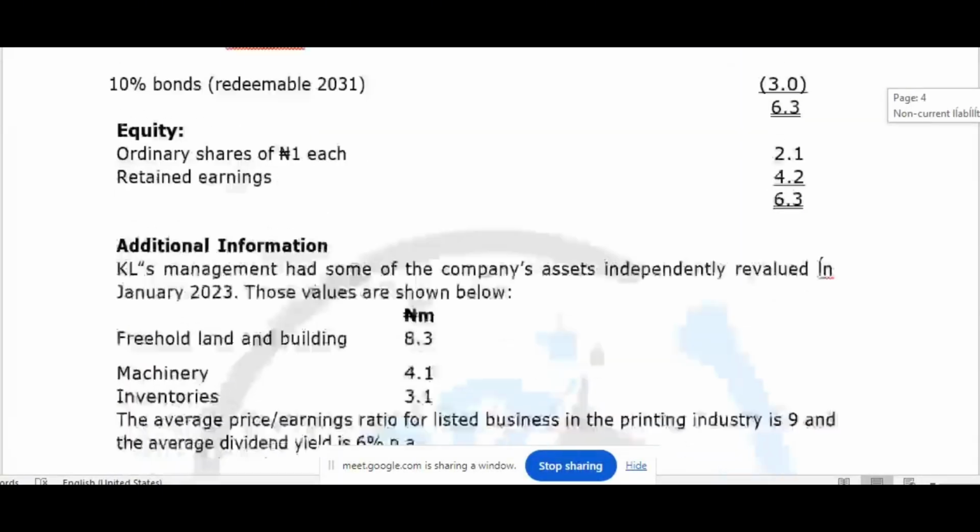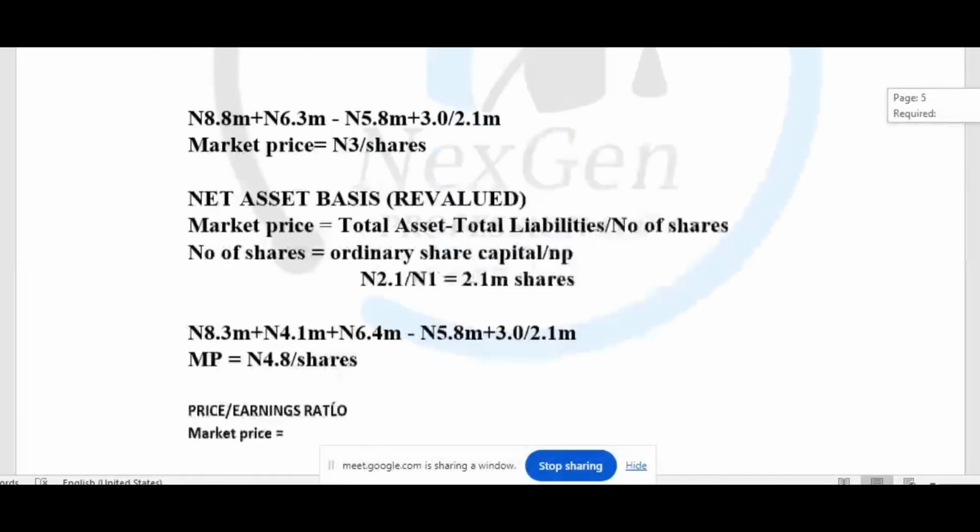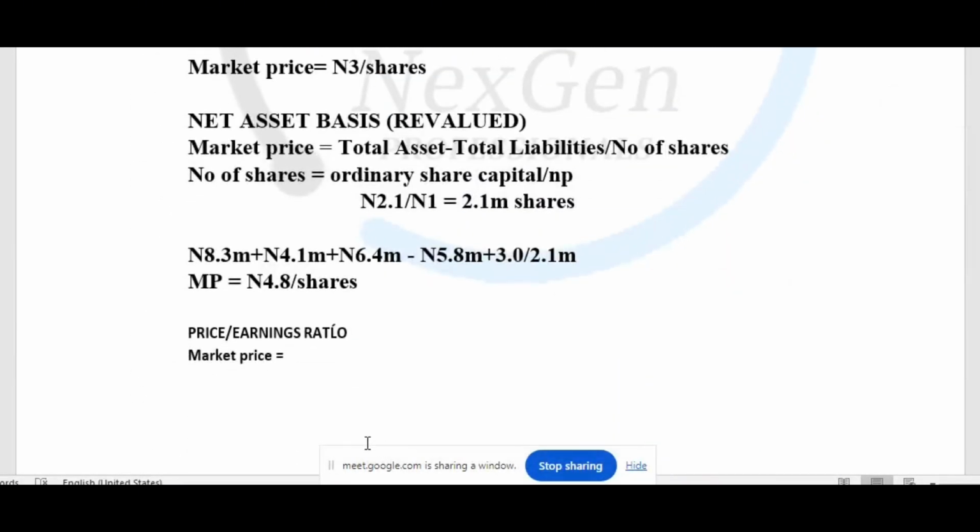Now, let's go back to our question. PE ratio times EPS. EPS means earnings per share, right?